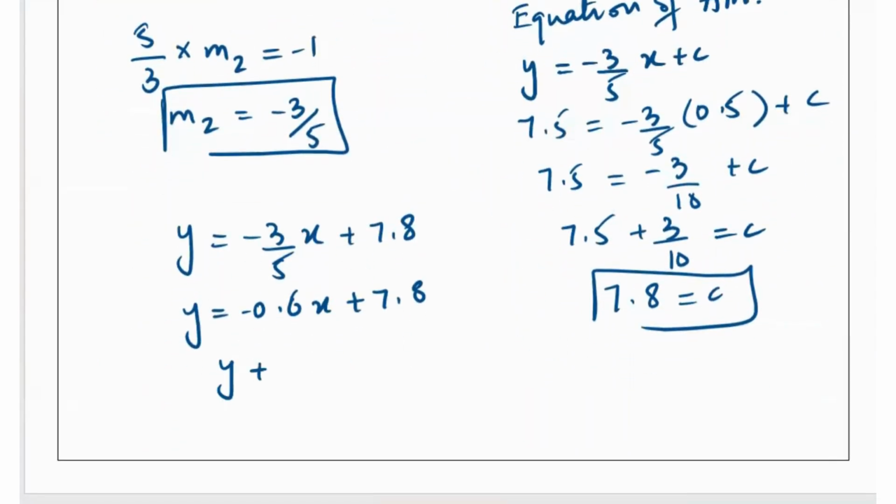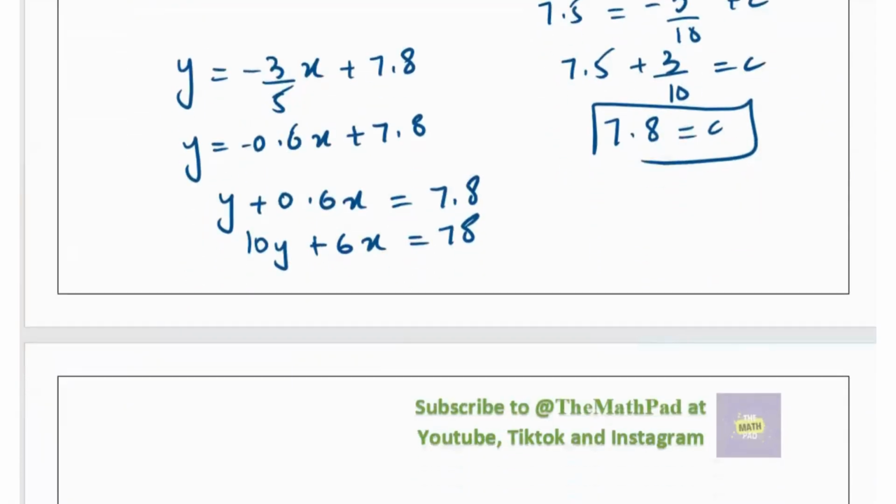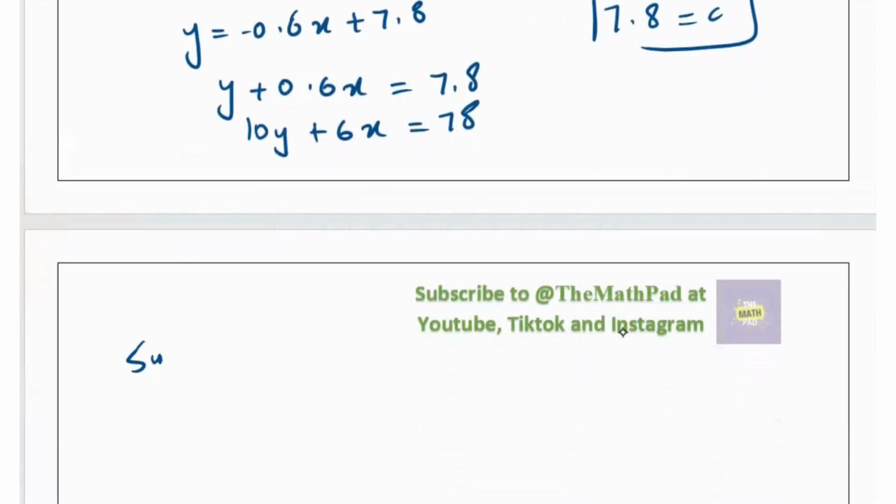So y plus 0.6x equals 7.8. Let's convert them all into integers. So that's going to be 10y plus 6x equals 78. We can further simplify it by dividing by 2. So that's going to be 5y plus 3x equals 39.